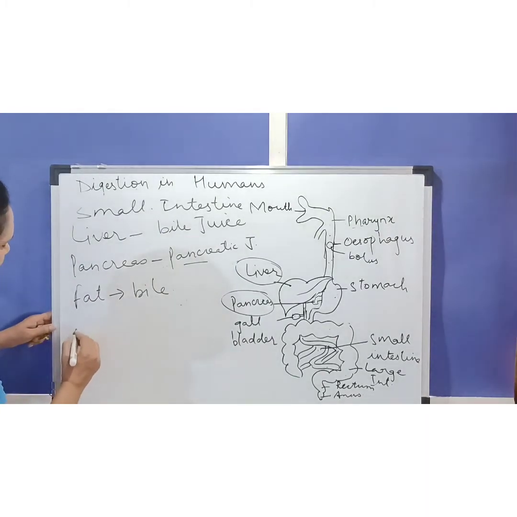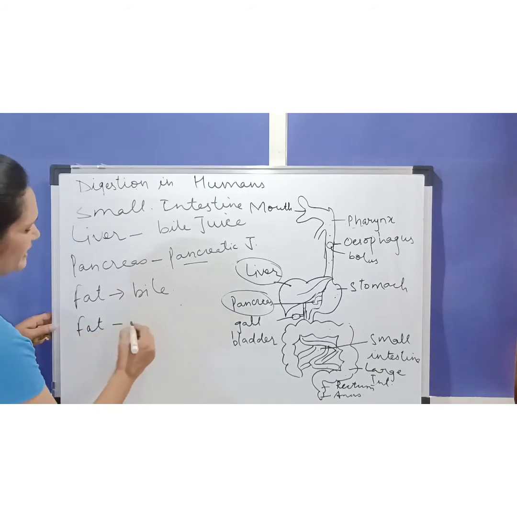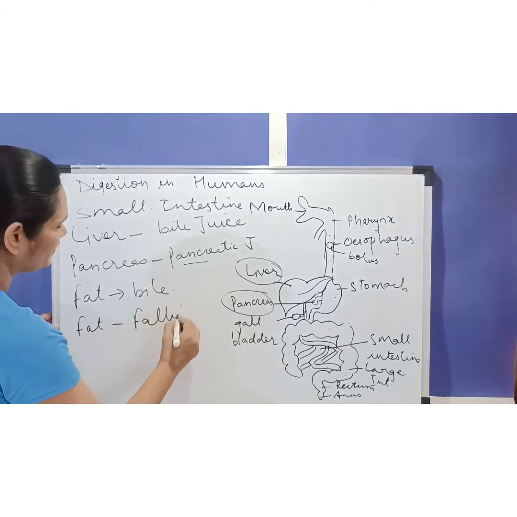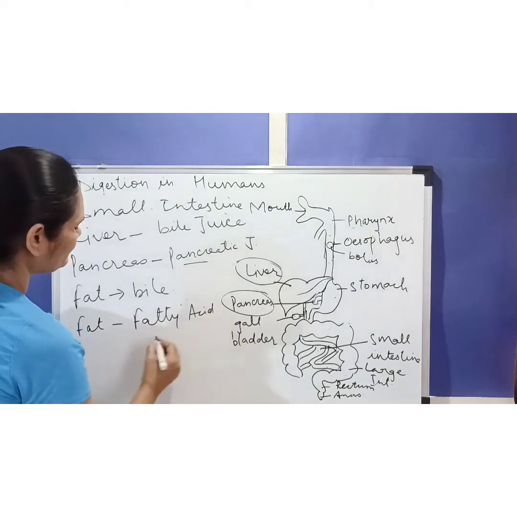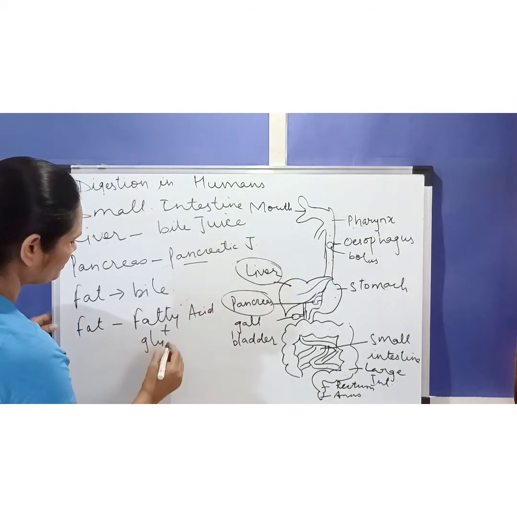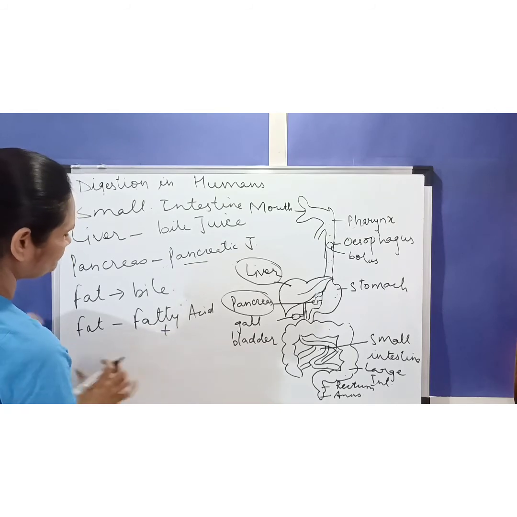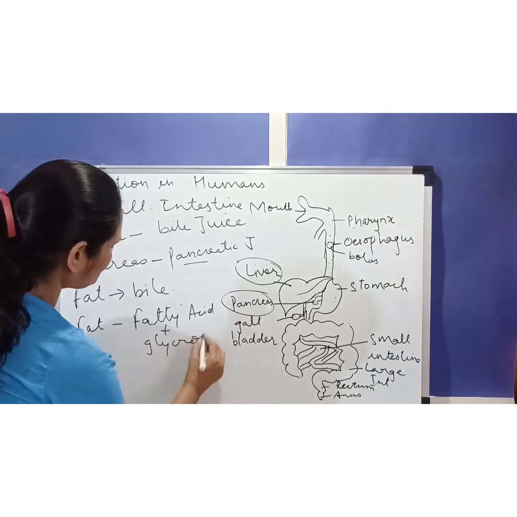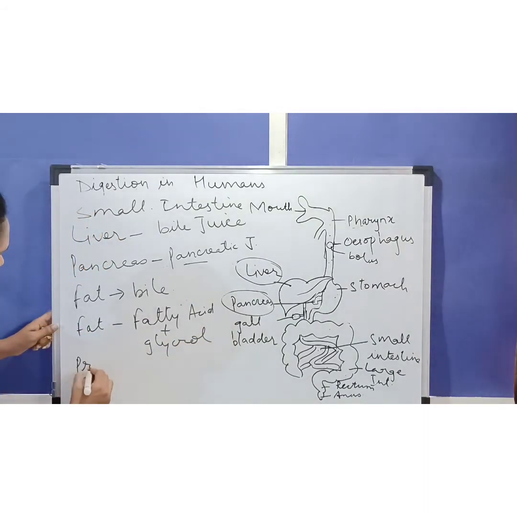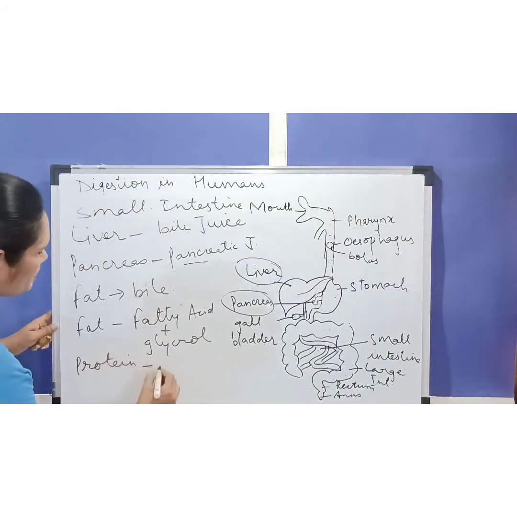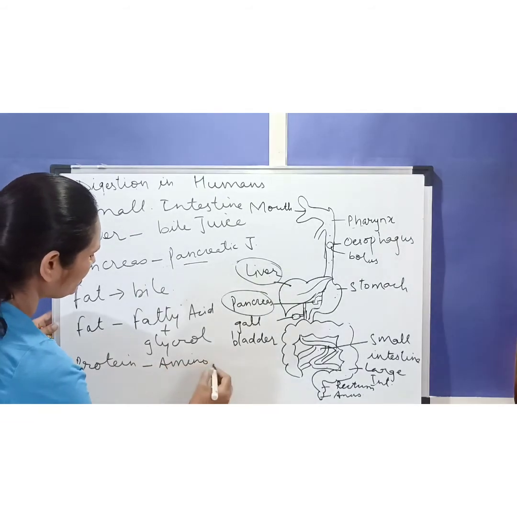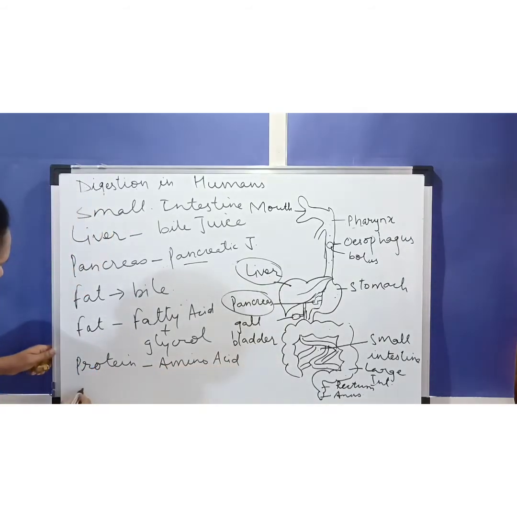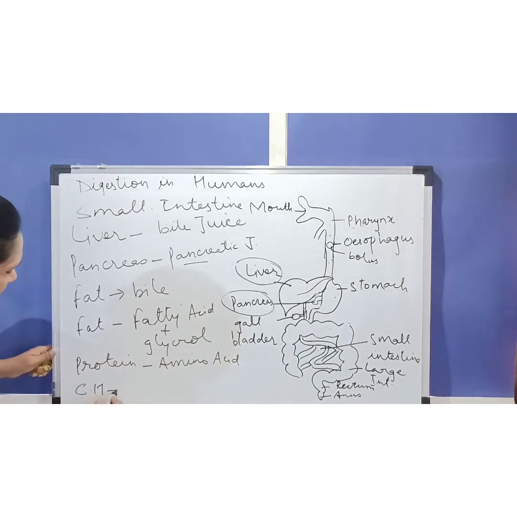Those enzymes work on fat and convert fat into fatty acid and glycerol. Then protein is converted into amino acid, and carbohydrates are converted into glucose.